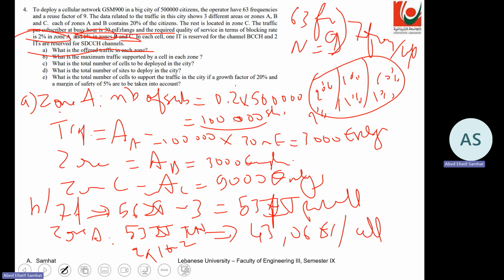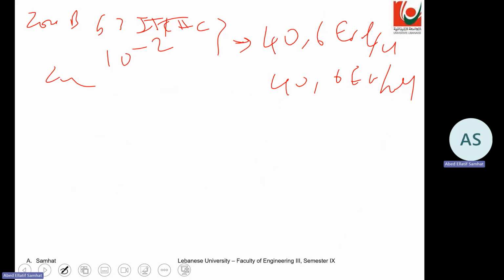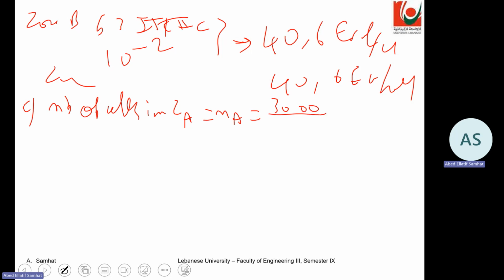What's the total number of cells to be deployed in the city? Because I know the traffic by zone, and I know the traffic that I can support by a cell in each zone, I can find the number of cells in each zone. The number of cells in zone A, NA, is equal to 3,000 erlang over the traffic per cell that we can support, 43.06.